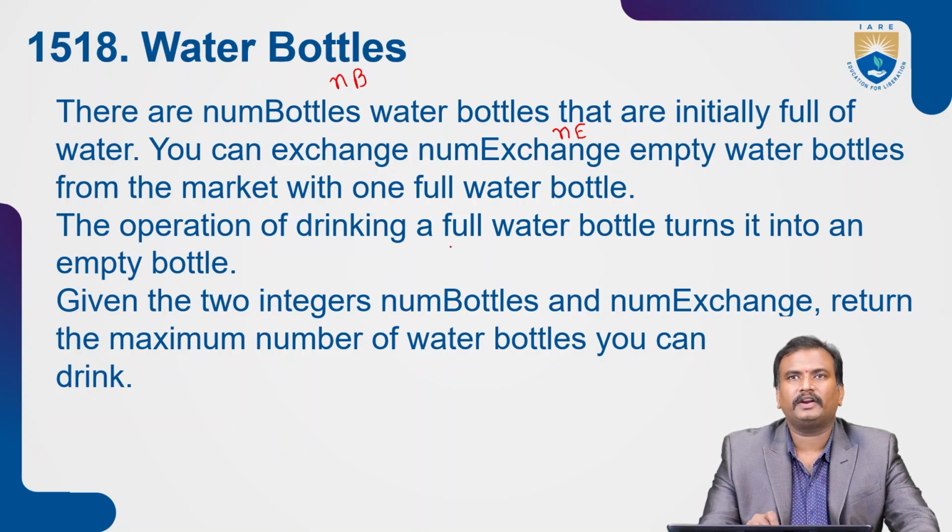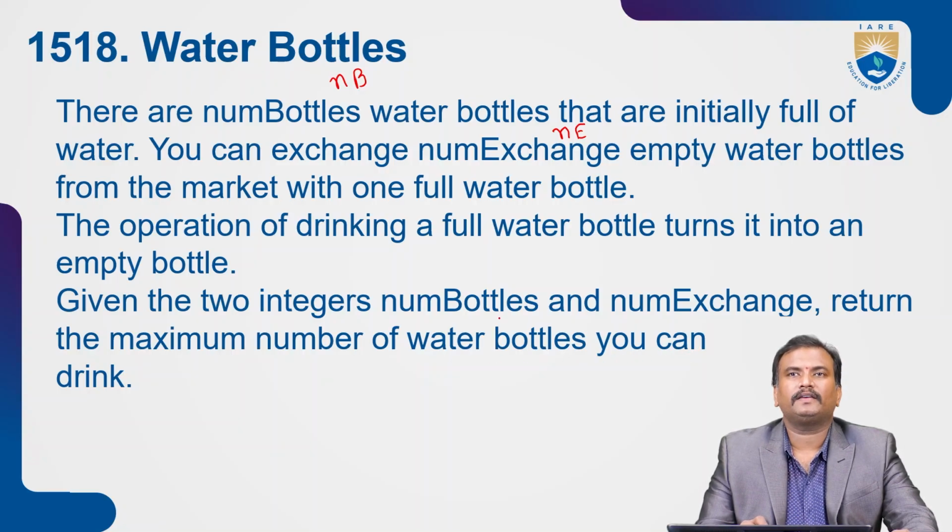The operation of drinking a full water bottle turns it into an empty bottle. So we are going to do the operation of drinking a full water bottle, which is going to turn into an empty bottle. If the given integers are the number of bottles and number exchange, we need to return the maximum number of water bottles which you can drink.